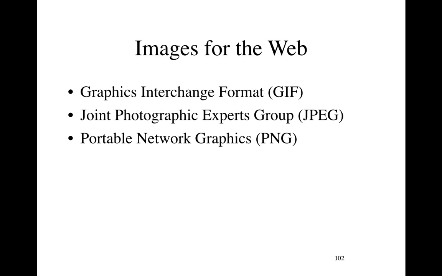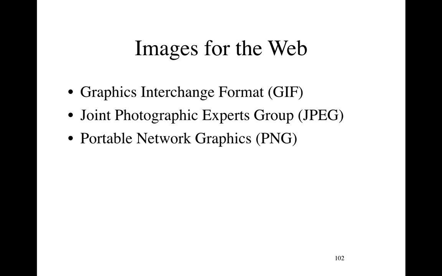Now, this is all leading up to us understanding how images are coded and how images are represented in different formats and the features of different formats so that we can choose the best one for our needs. So in general, on the web, there are 3 image formats that would be considered standard.